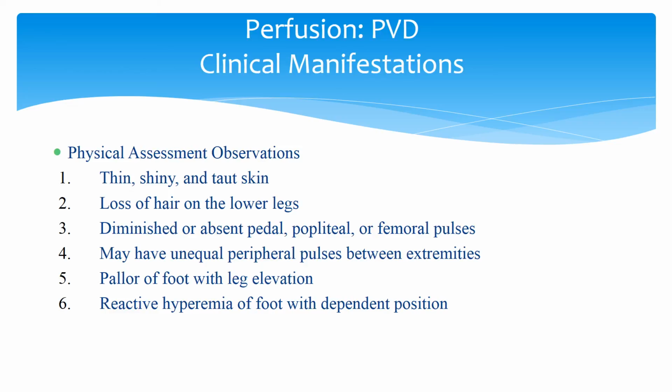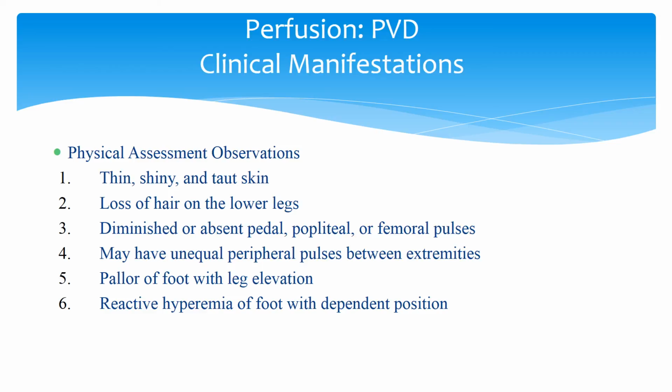Okay? So patients usually with peripheral artery disease really have tight, shiny skin, and they don't have that much hair. Hair follicles usually need that perfusion to grow. And so if they're not meeting that, then you're not going to see hair growth in that area.